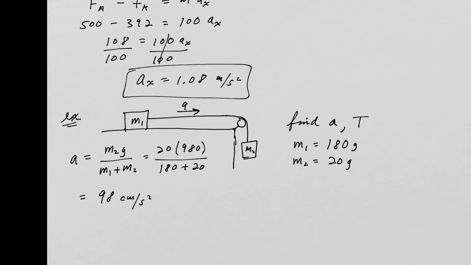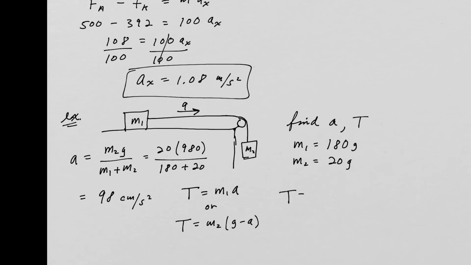Now to find the tension, well, we actually derived two formulas. You could either use T is equal to the mass of the cart, M1 times A, or if you want to do it based on the suspended mass, it was T equals M2 times G minus A. Either one will give you the correct answer. The first one's probably a little easier.